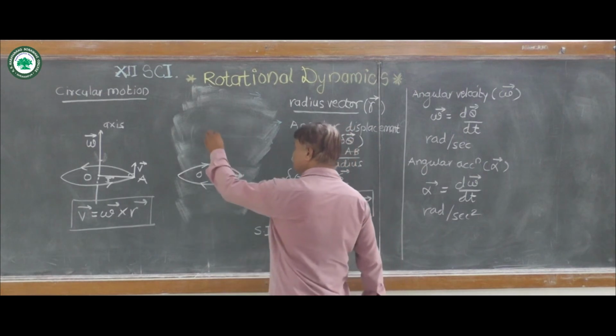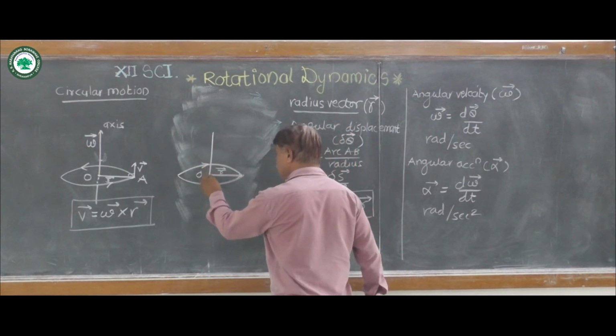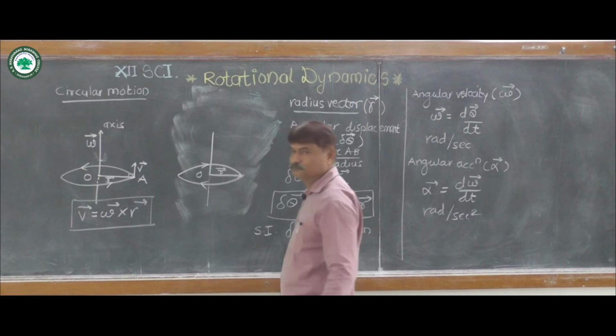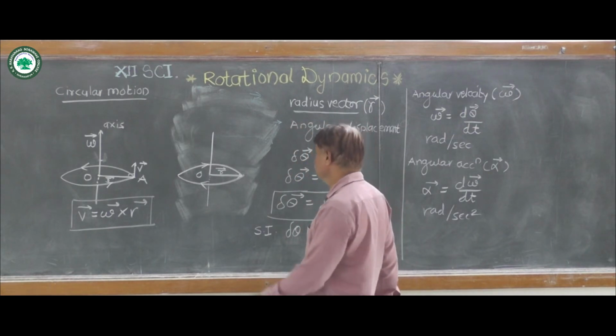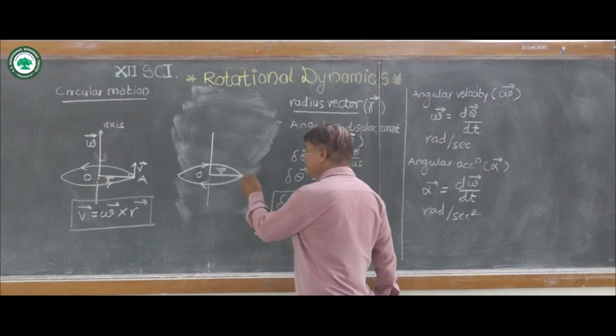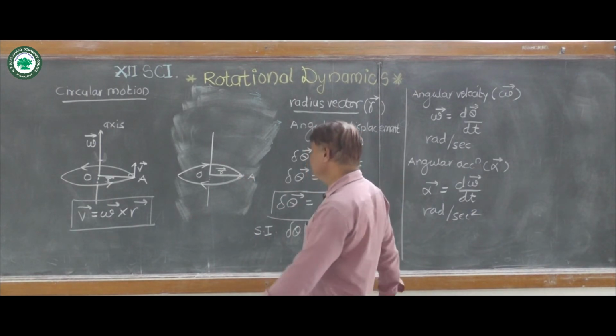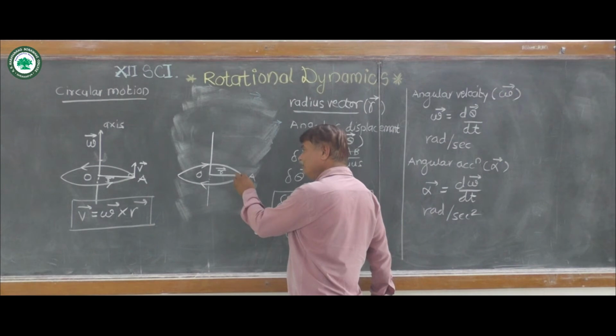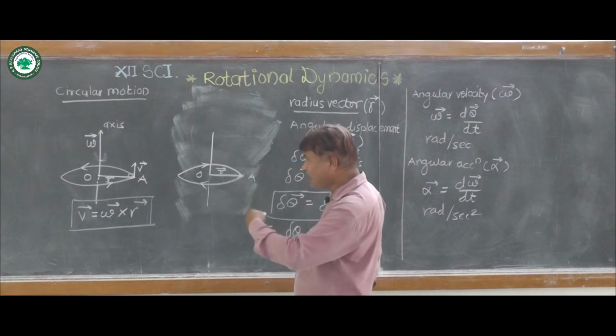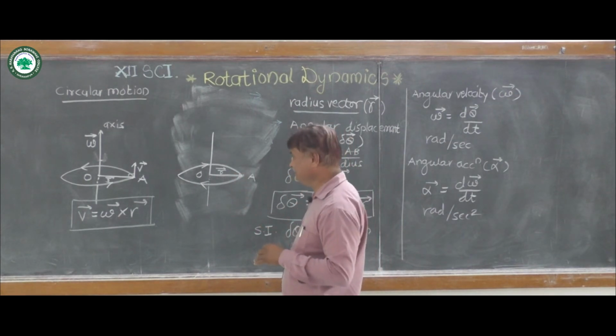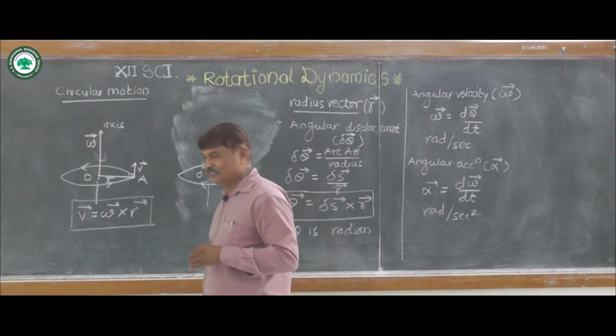If the particle is initially at position A, then the velocity is along the tangent.